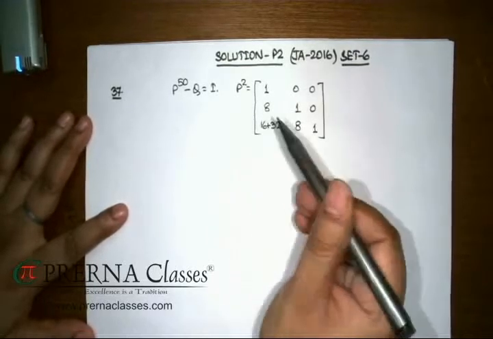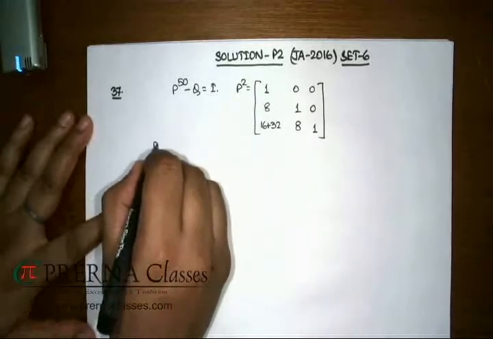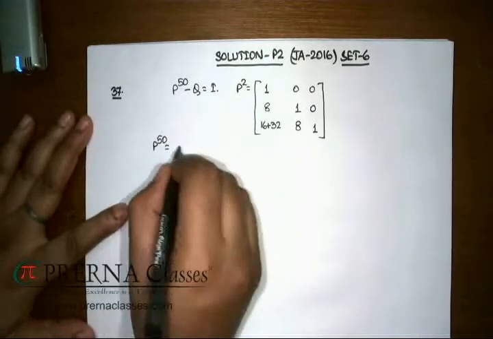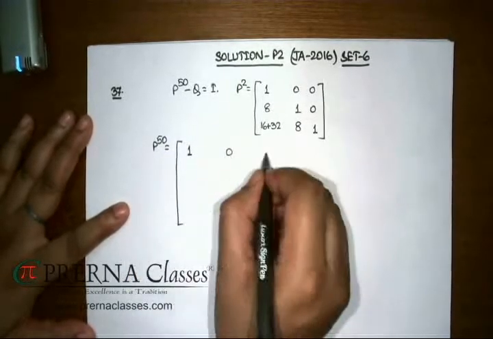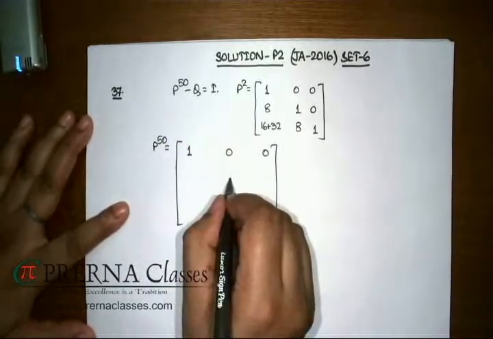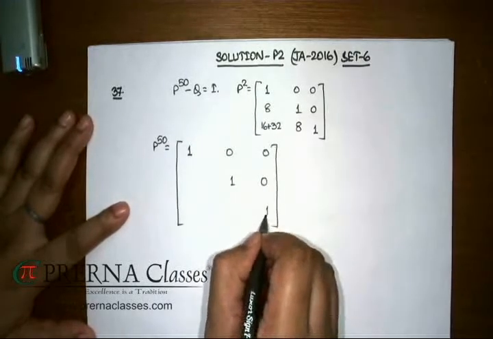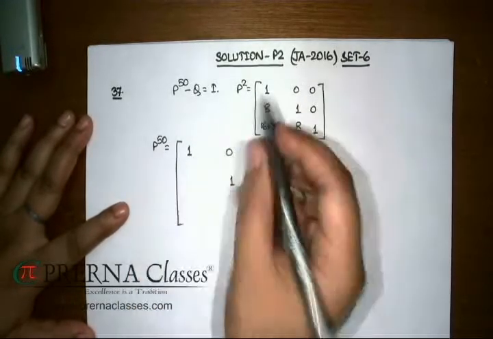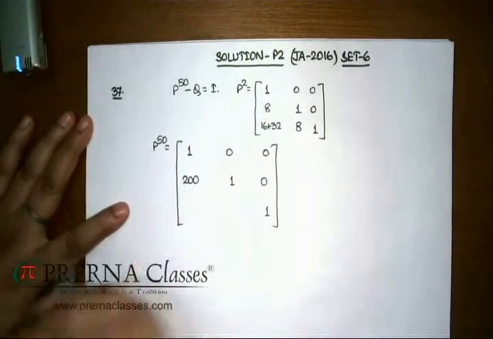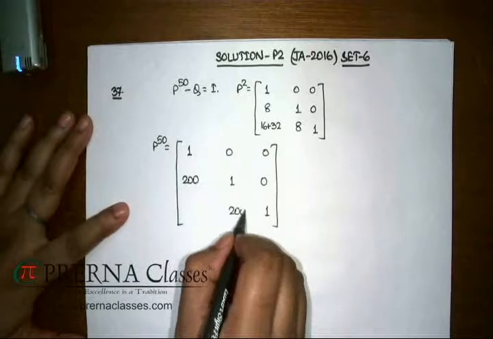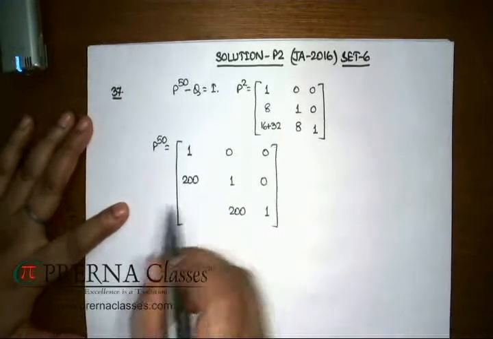Clearly then inductively you can check the power of P as 50 is going to make that matrix as the multiples of 4, which is clearly going to be 200 here and here, and this is going to be related with the sum of natural numbers.